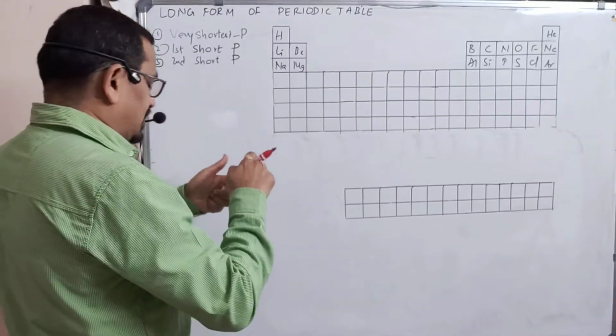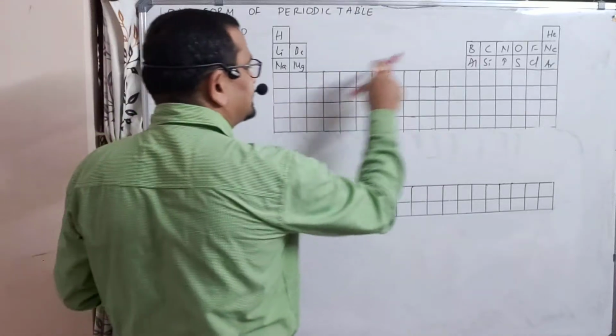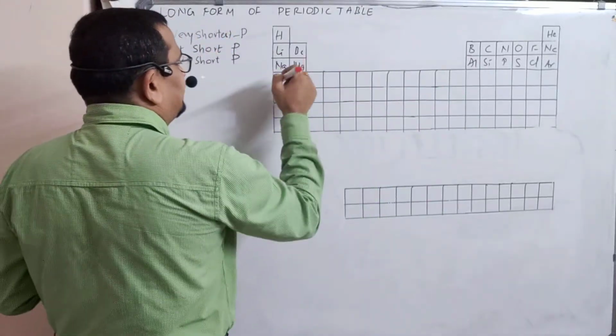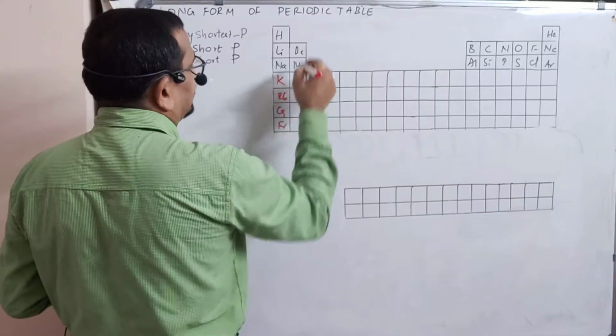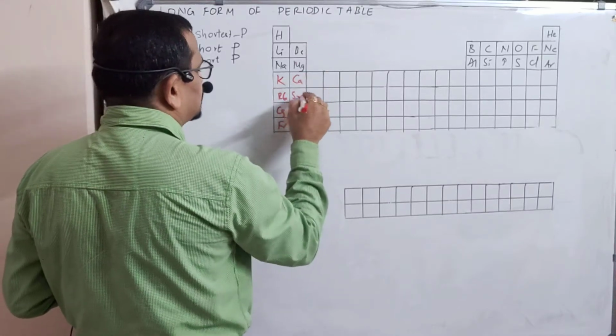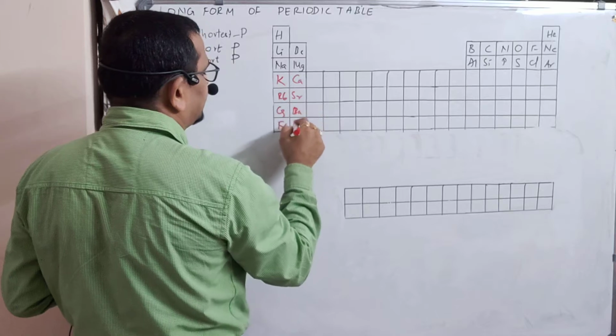See, after this we are coming with these D block elements in between: lithium, sodium, potassium, rubidium, cesium and francium, beryllium, magnesium, calcium, strontium, barium and radium.